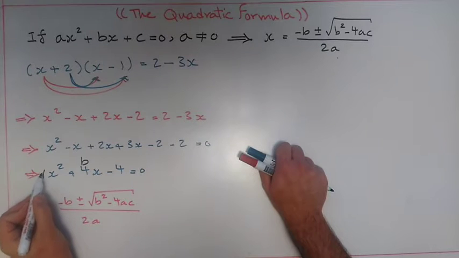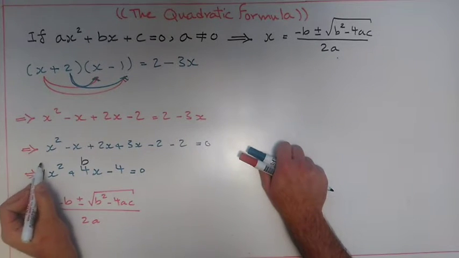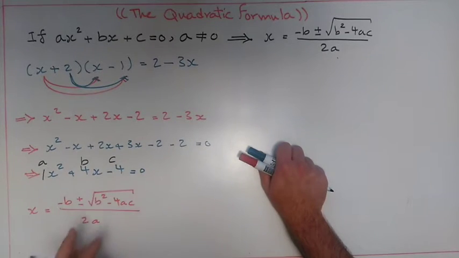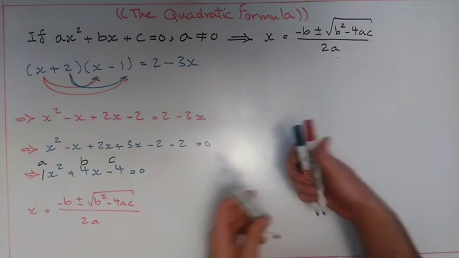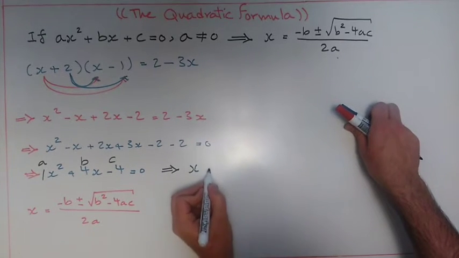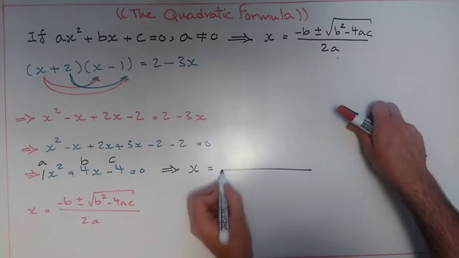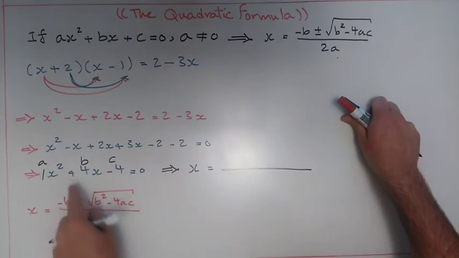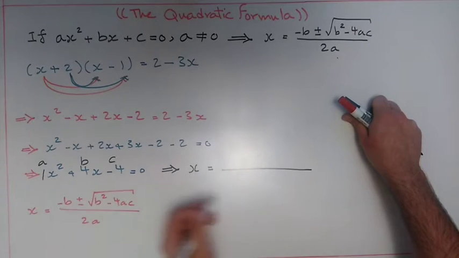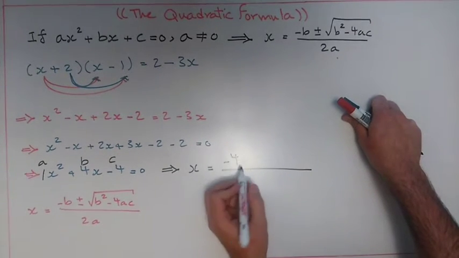This 1 in here, which is invisible, is my a value, and this negative 4 is my c value. So I just put them in here. Therefore, x equals negative b. My b is positive 4. Negative of positive 4 is negative 4.